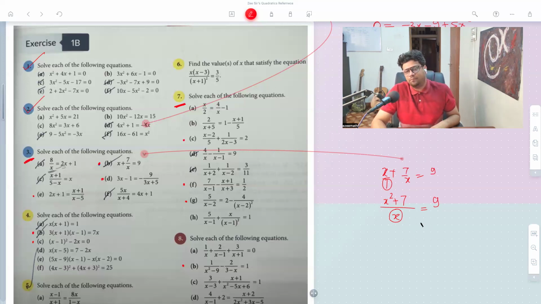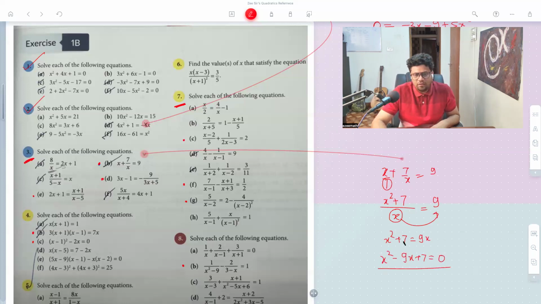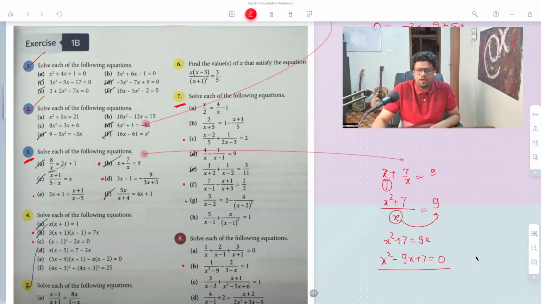X square plus 7 by x equals 9. And then you go take the x to the other side. It becomes a x square plus 7 equals 9x. Now you go x square minus 9x plus 7 equals 0. From there, it is a quadratic, which you can solve by the simple quadratic formula.